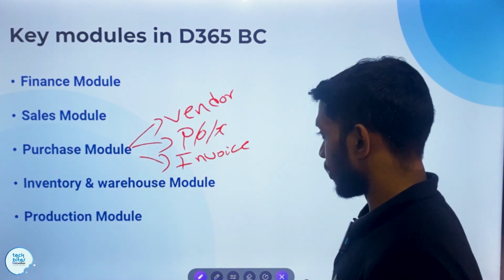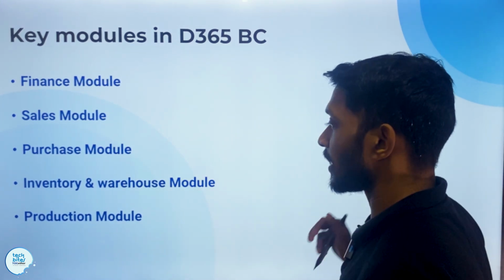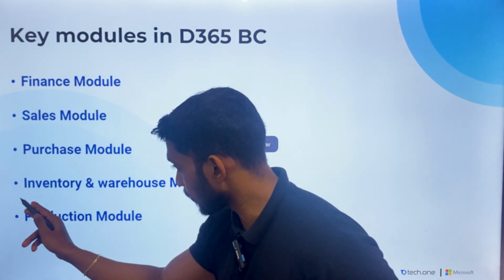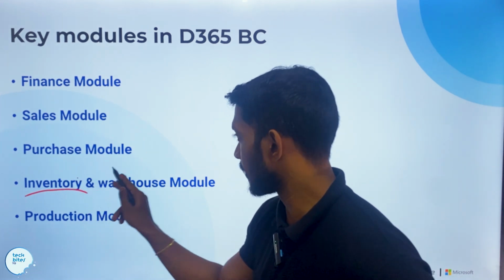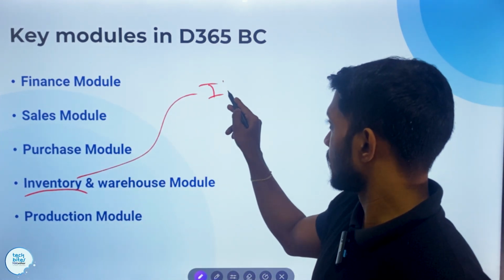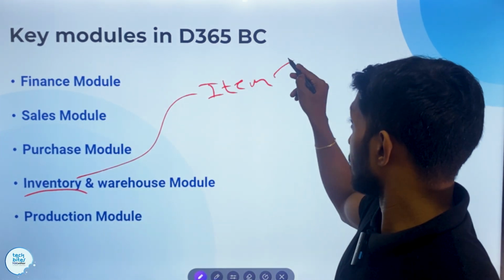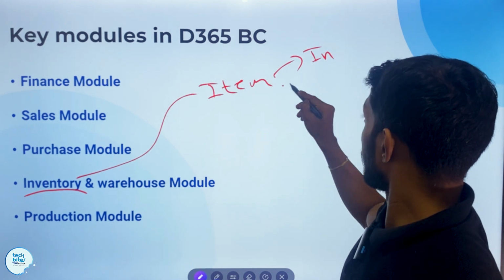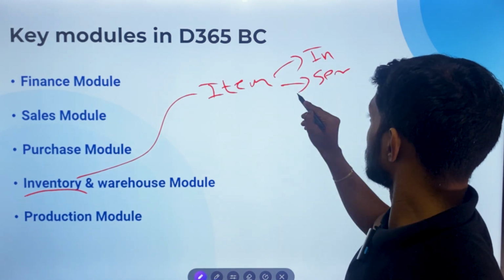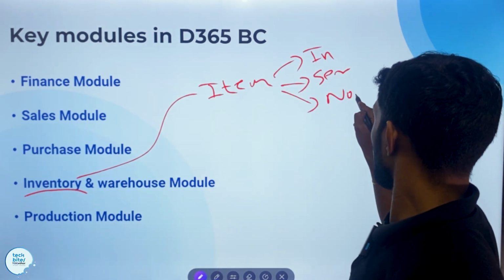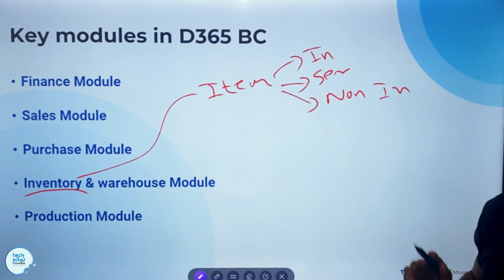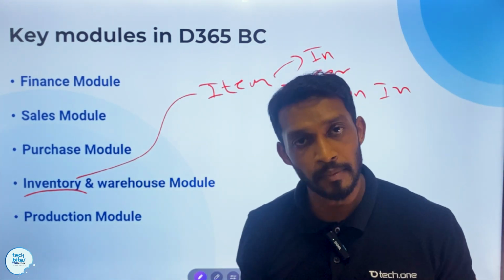Right, very important: the inventory and warehousing module. In the inventory module, you can maintain items. It can be an inventory item, a service item, or a non-inventory item. That option is available in the system.